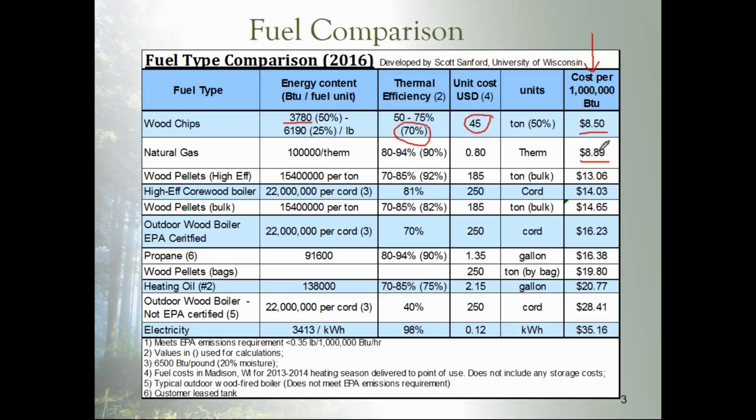It's going to be really hard to cost justify the equipment in that case. But if you were looking at wood chips and, say, heating oil, now I've got roughly $12 per million BTU difference. So that makes the project possibly more likely to work. That's the first step.